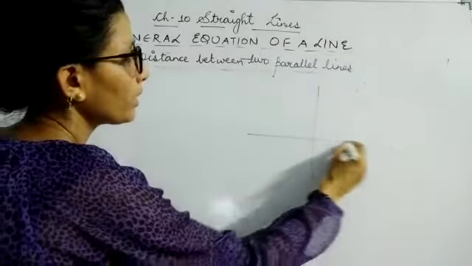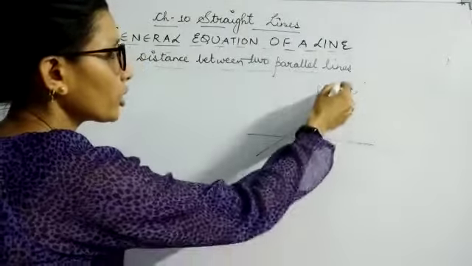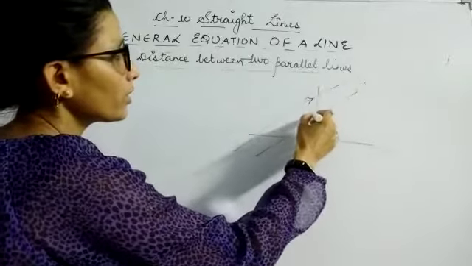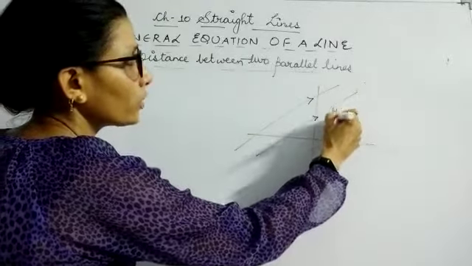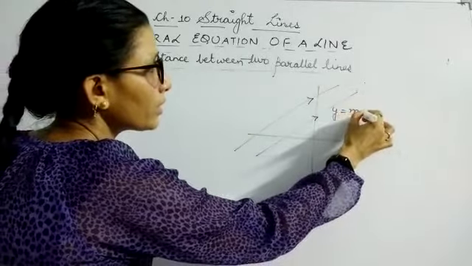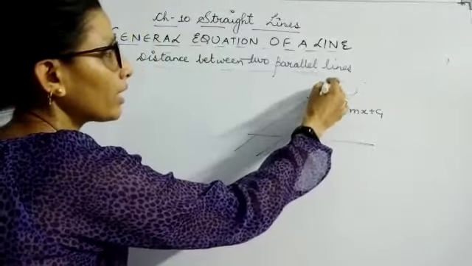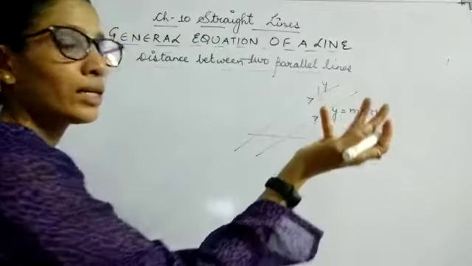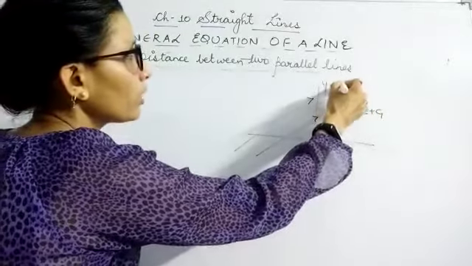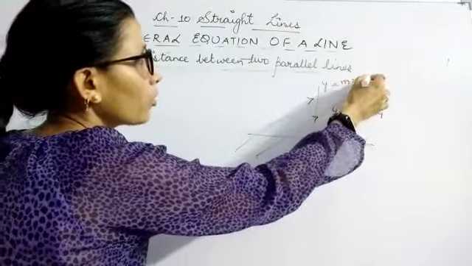Let's suppose we have two lines which are parallel to each other, and let the equation of the line be represented as y equals mx plus c1. So if these two lines are parallel, that means the coefficients of y and x will remain the same, only they will differ by a constant value.